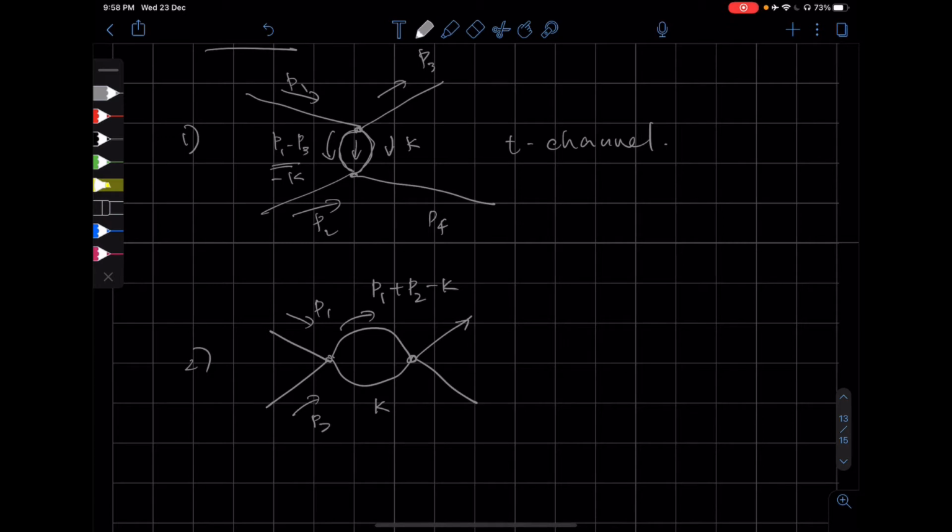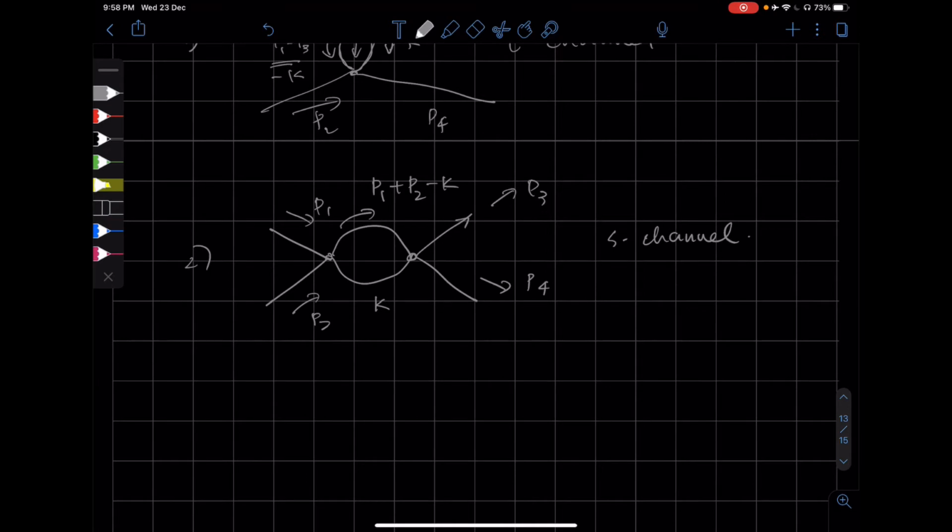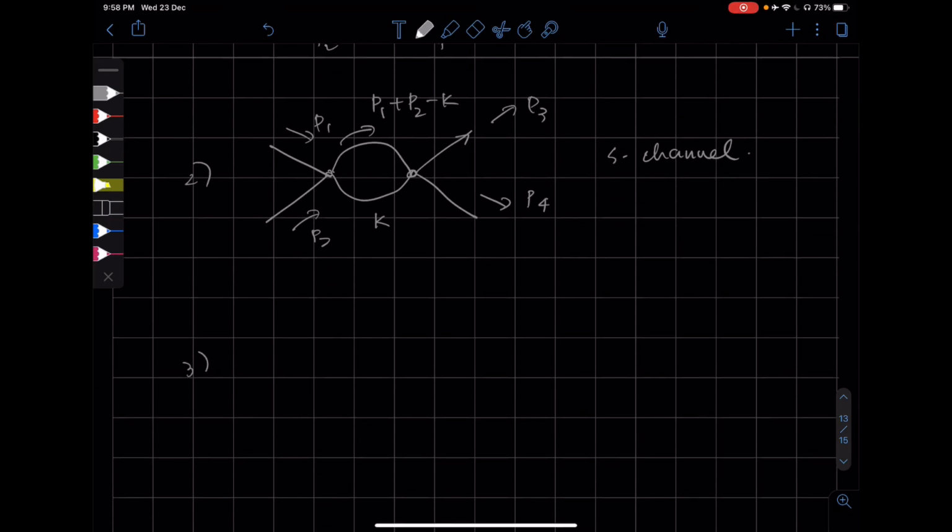And then the outgoing momenta are P3 and P4. So this is known as the S-channel diagram. And then lastly, P1 can come in, and then from the same vertex that P1 is coming in, P4 can go out.